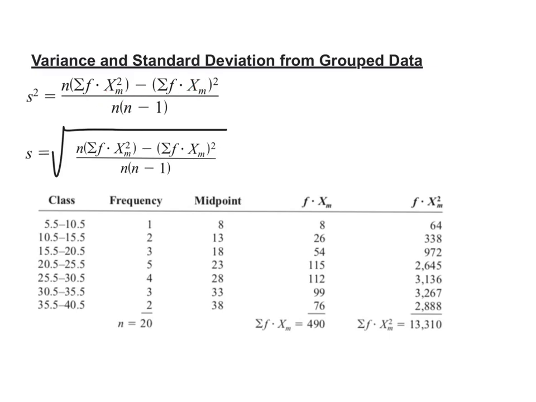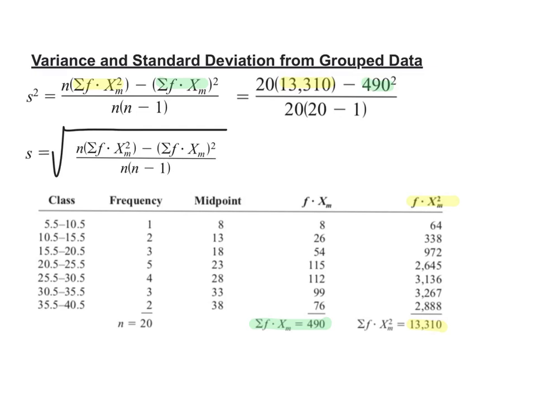Okay? So the n is 20, the n minus 1 is what? 19. The sum of the frequency times the midpoint squared is this number right here, so that's going to go up in these parentheses here. The sum of the frequency times the midpoint is 490, and then I'm going to end up squaring that. When I enter that all in and put that into the formula, here's what it looks like. I've highlighted the numbers where they came from and where they go.